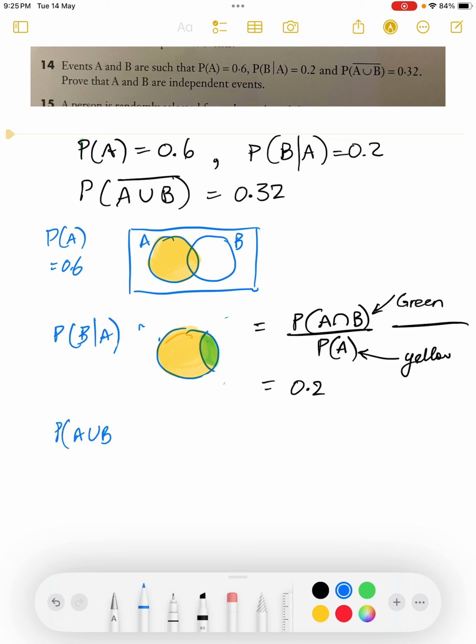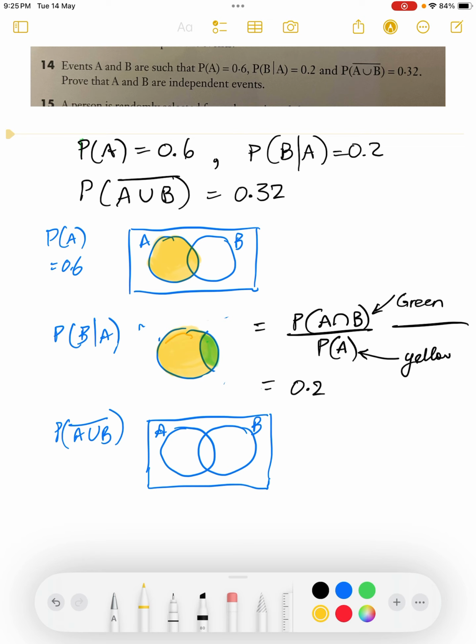Not A union B. Let me show you what that looks like. There's A, there's B. Now, A is the yellow part, which we said before. B is the green part.